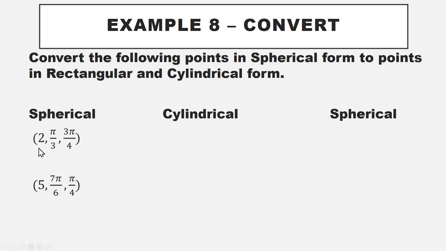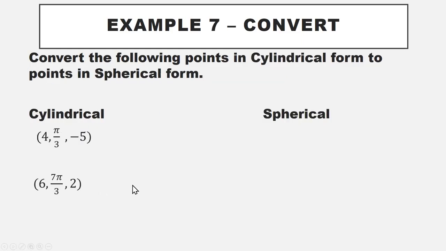Then we'll take a couple of spherical points, (2, pi over 3, 3 pi over 4), and we'll convert those to both cylindrical and rectangular. And we'll also do the same thing for (0.5, 7 pi over 6, pi over 4).